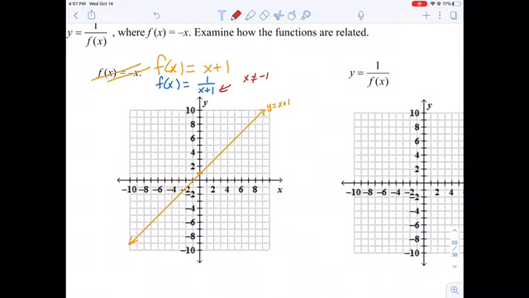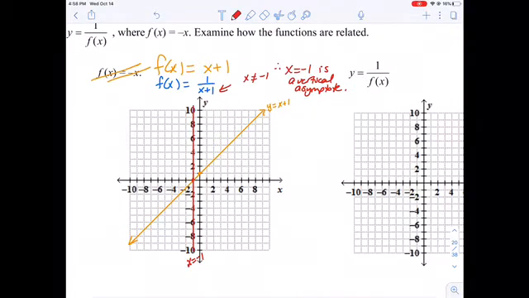And x equals negative 1 is a vertical asymptote. So I can draw then my vertical asymptote at x equals negative 1.